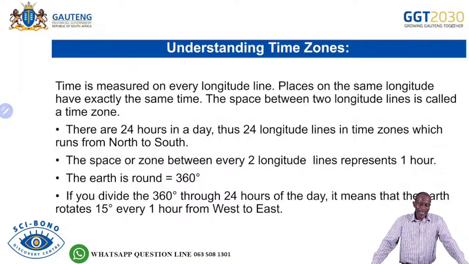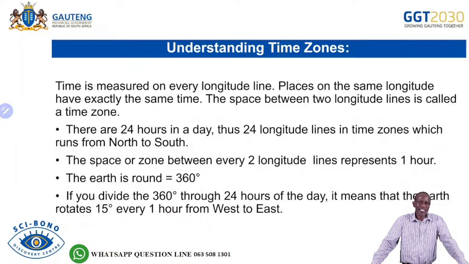Now, the basic understanding is that the earth is round and it makes a revolution of 360 degrees. If you divide the 360 degrees by the 24 hours of the day, it means that the earth rotates 15 degrees every 1 hour from west to east.